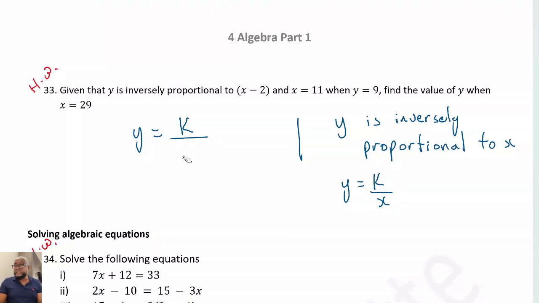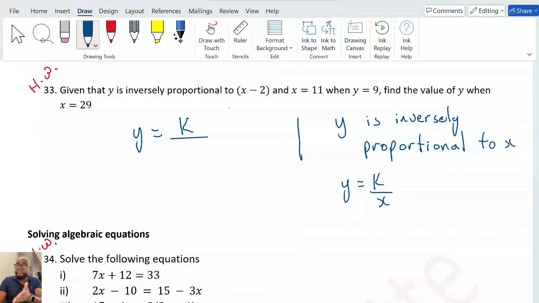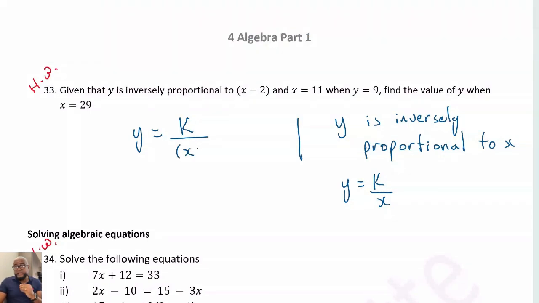Are you catching the drift? If I say Y is inversely proportional to the square root of X, what do I put underneath here? Square root of X, right? So whatever it is inversely proportional to is what you put underneath here. Directly proportional is to multiply, inversely proportional is to divide, right?